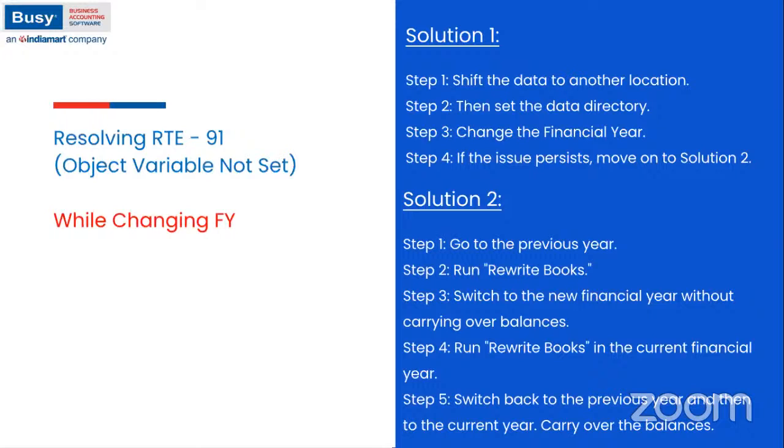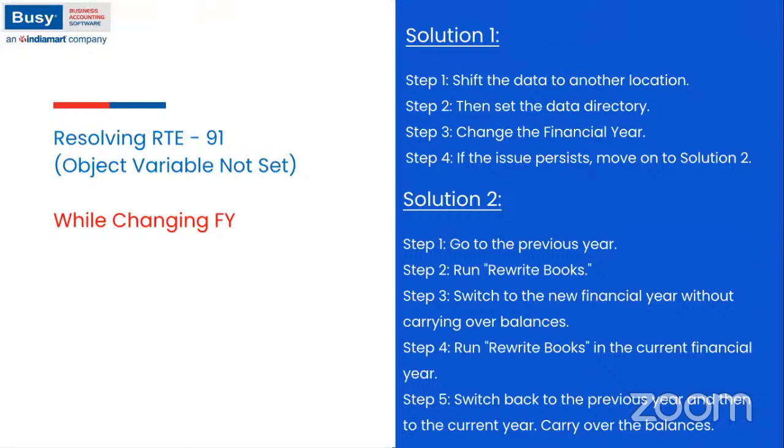Then check, and if the same problem persists, go for solution number two. In that, you have an option called rewrite account books in your Busy software under the housekeeping menu. Run that option, and once the process has been completed, you can try to change the financial year.